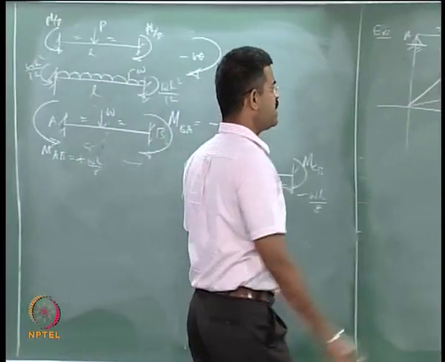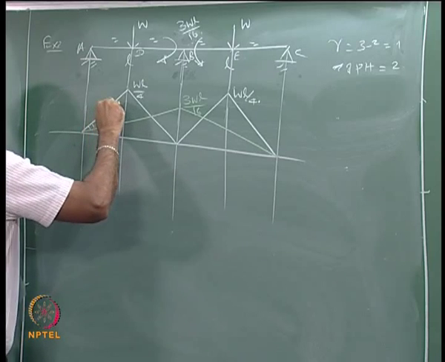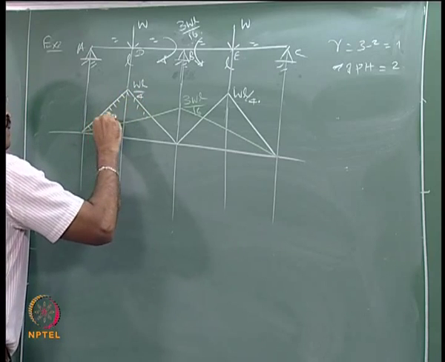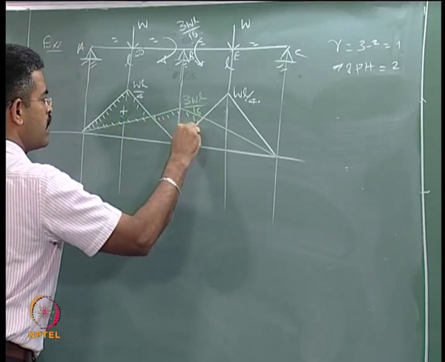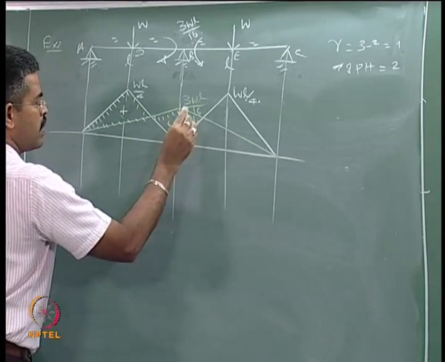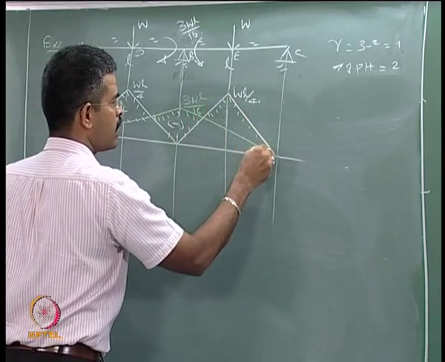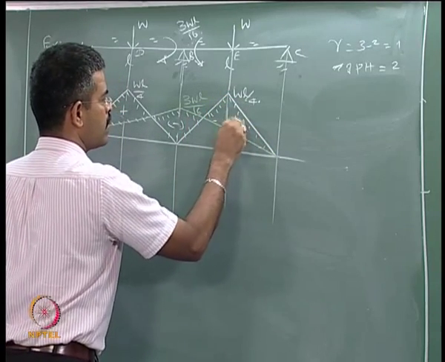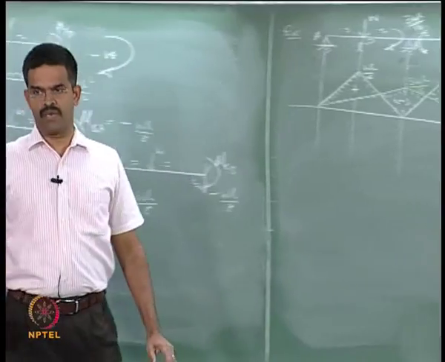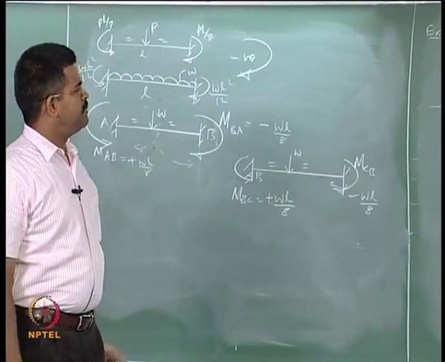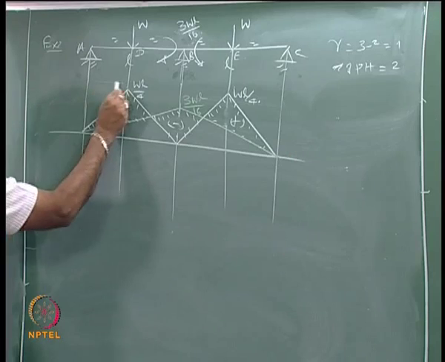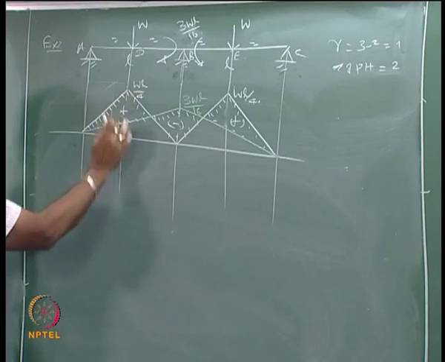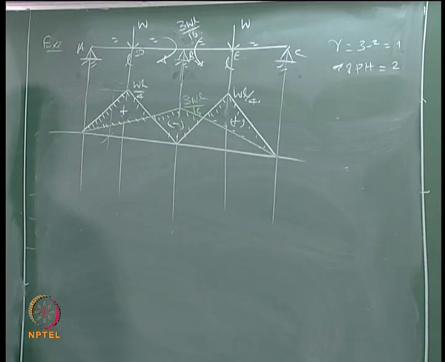Now, the bending moment diagram is this. Is it not? This is my net bending moment diagram. Now, this value is WL by 4. I want to know what this value is. Can I find that out?